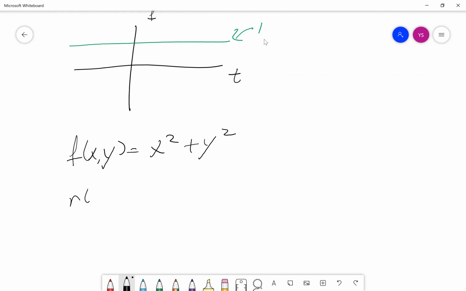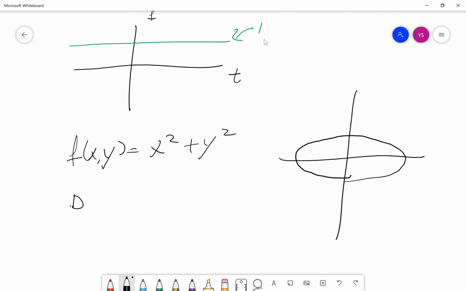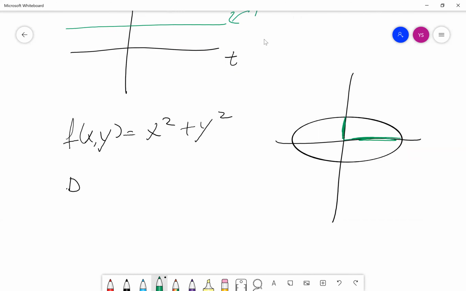And now my domain is not going to be a circle, but rather some ellipse. In this direction it has some radius, and in this direction it has some other radius. Okay? So this is my domain right over here.